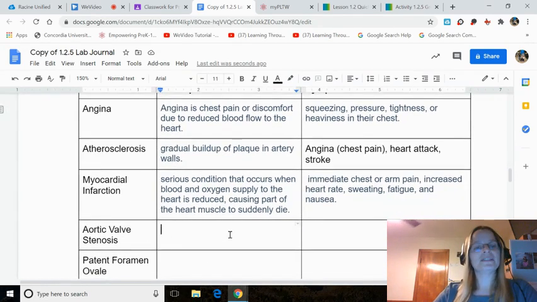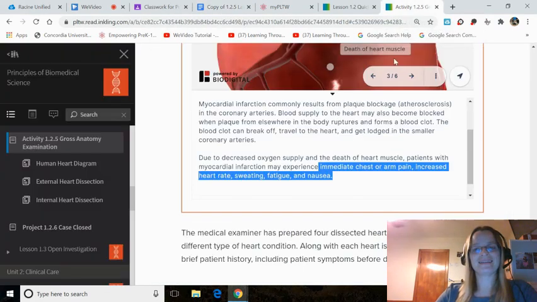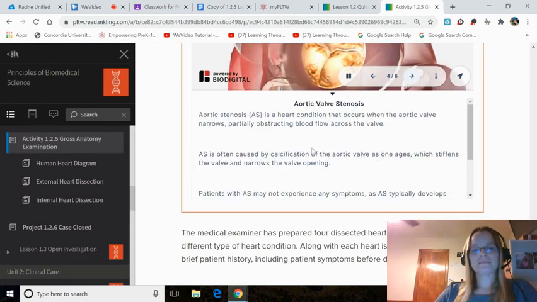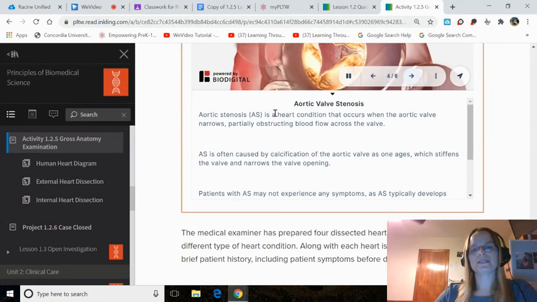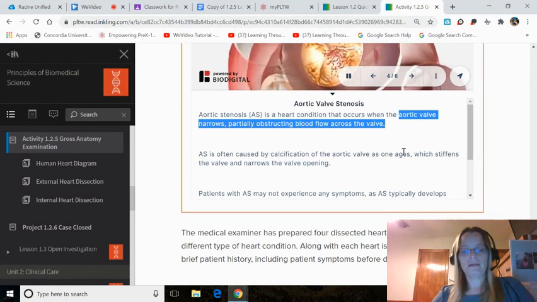Aortic valve stenosis, our fourth thing. I can count. Here we go. Aortic stenosis is a heart condition that occurs when the aortic valve narrows, partially obstructing blood flow across the valve. I'm going to highlight that.